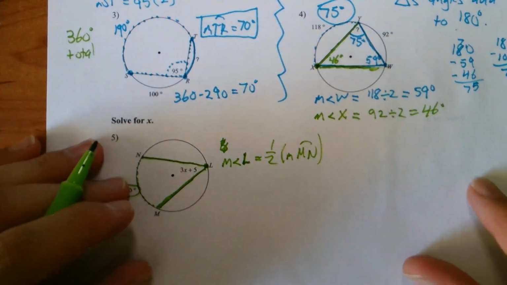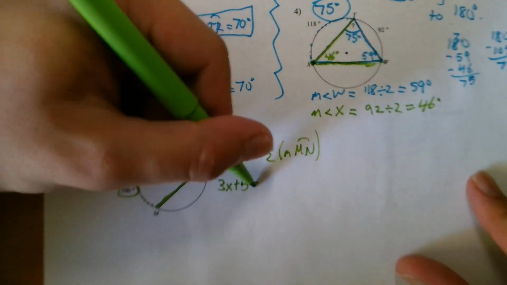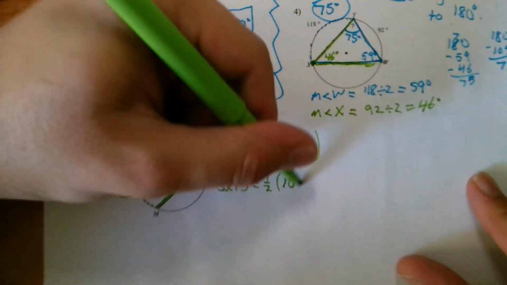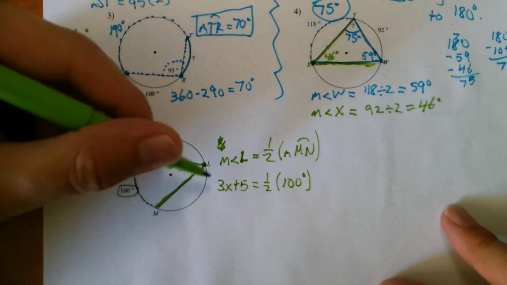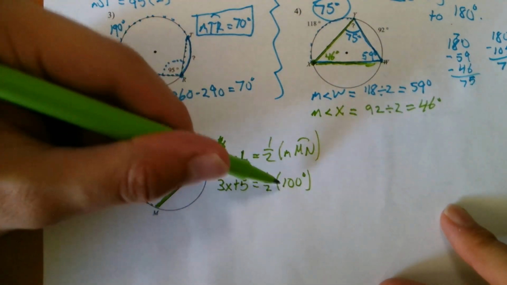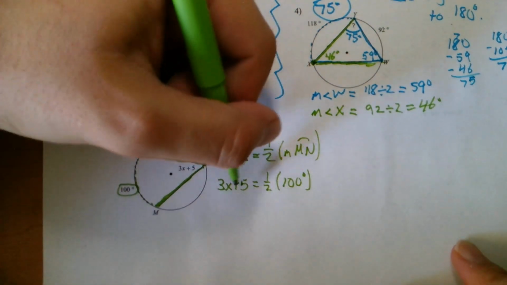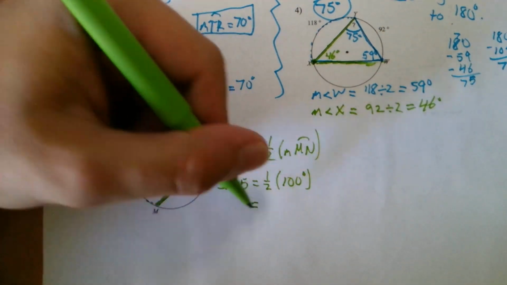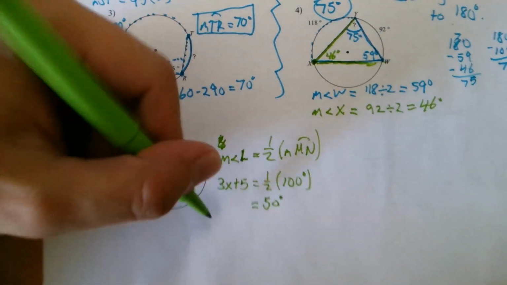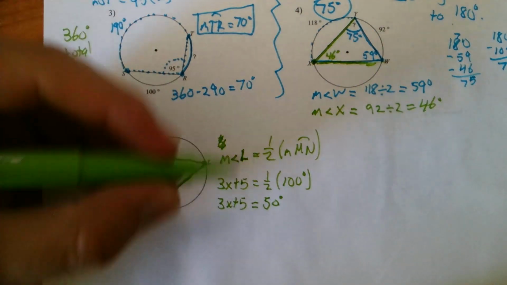Now, when I substitute those things in, it's going to look like this. 3x plus 5 equals 1/2 of 100. So I just substituted the 3x plus 5 for angle L, the 100 for arc MN. Now, I'm going to do the math over here before I start trying to move things across the equal sign. 1/2 of 100 should be a piece of cake. That's going to be 50 degrees. So 3x plus 5 is equal to 50.